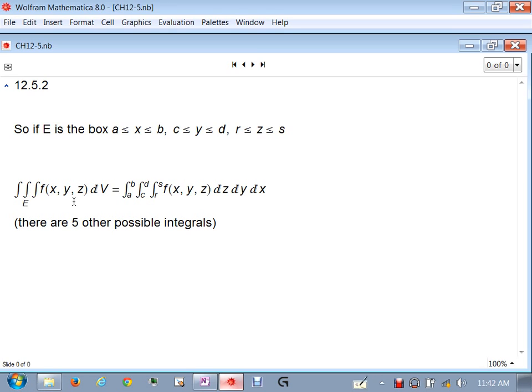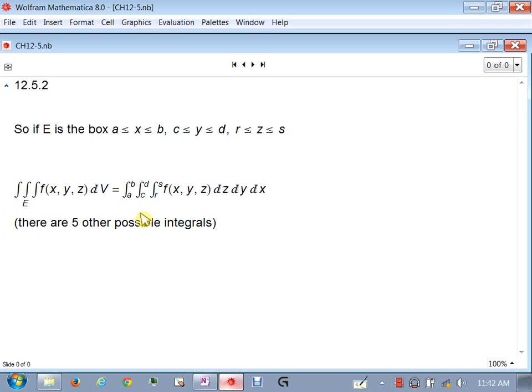We can't visualize it easily. But look at our d. What is that? Instead of dA, it's dV, because that little differential was our length times width times height of the little infinitesimal piece of that box. So we've added a third dimension in here, which is why we have dV.